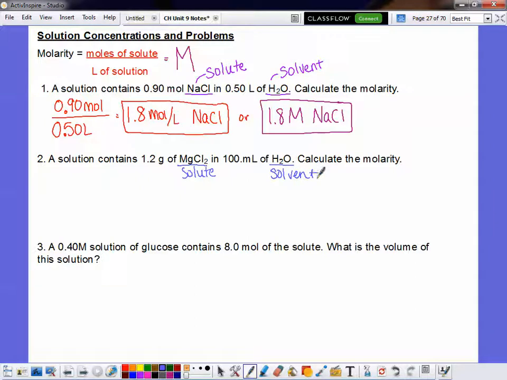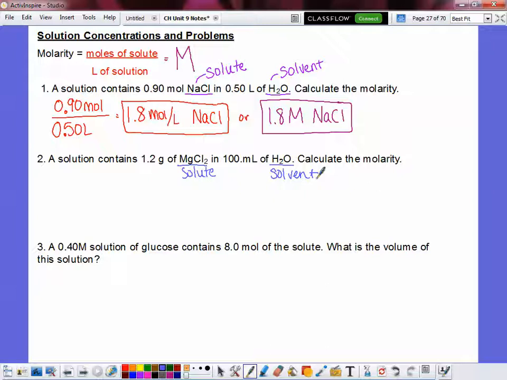Unless it's a weird problem, if water's in the problem, it's almost always going to be the solvent. For this class, I'm not going to give you any problems where it isn't. There are circumstances where water is actually the solute, but we're not going to see anything like that.